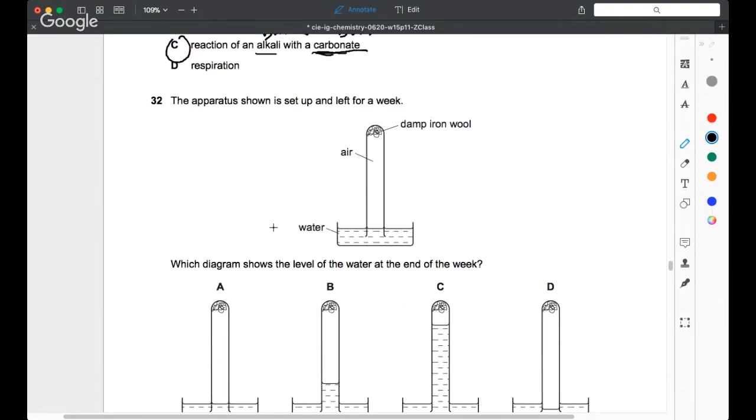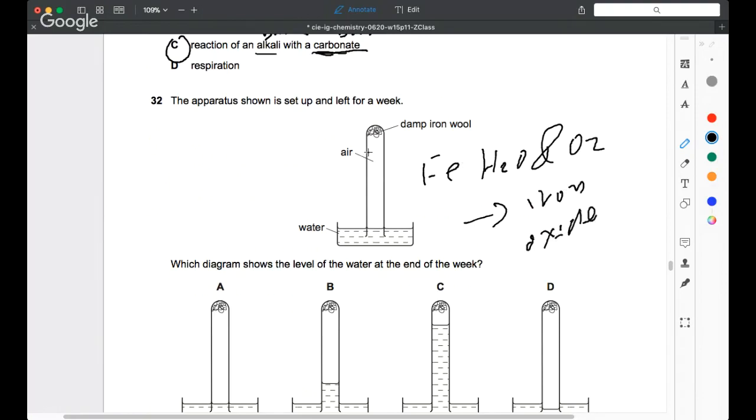Number 32. So we have some damp iron and some water. In air, iron reacts with water and oxygen to give you iron oxide. In the process, you need to consume oxygen, which means that the pressure within the tube decreases.